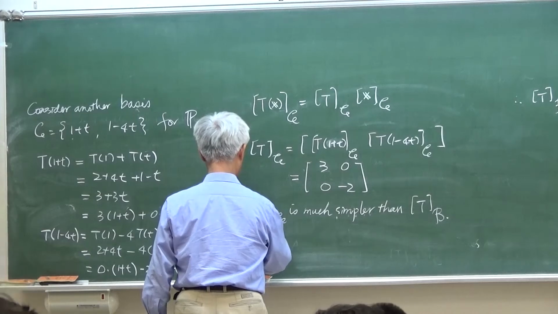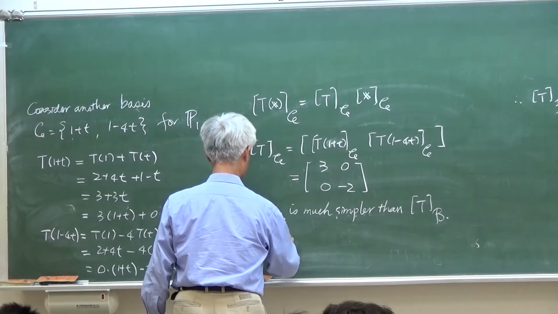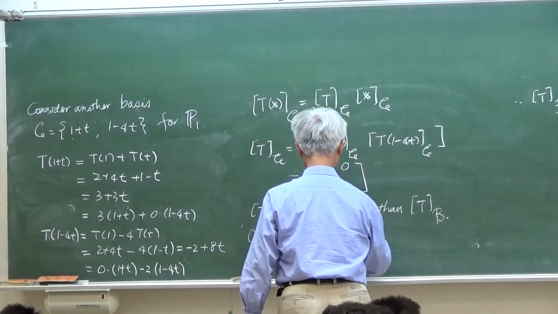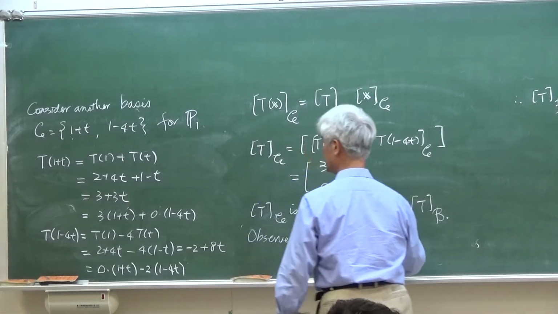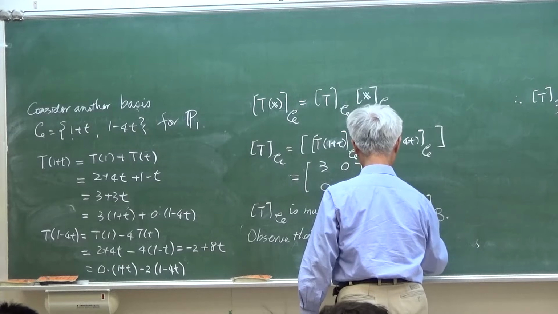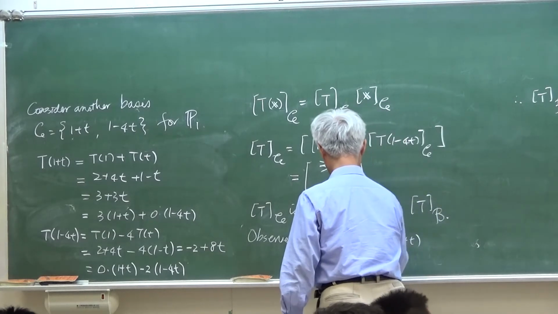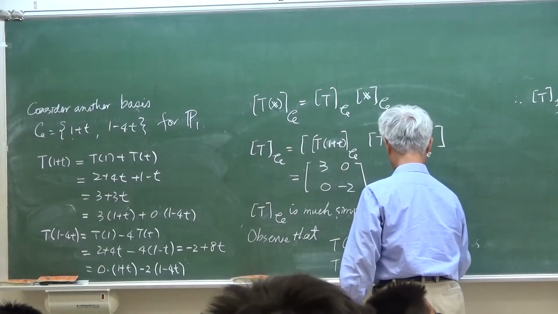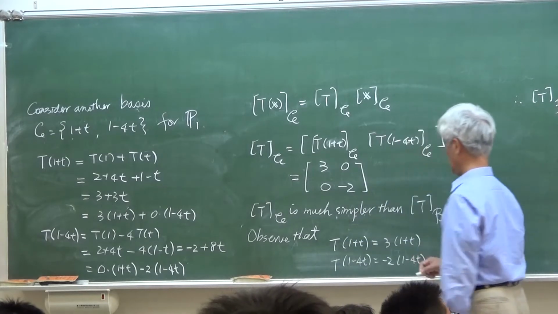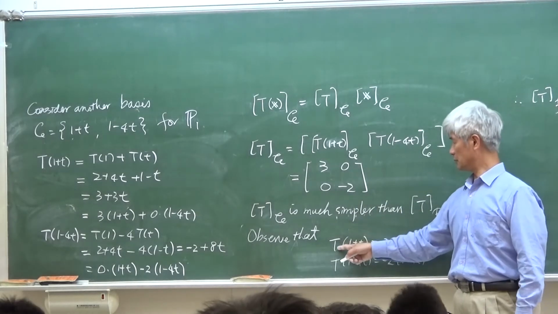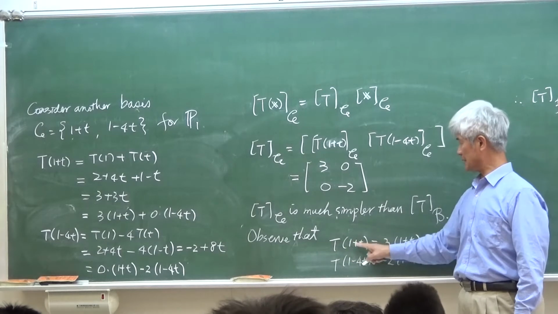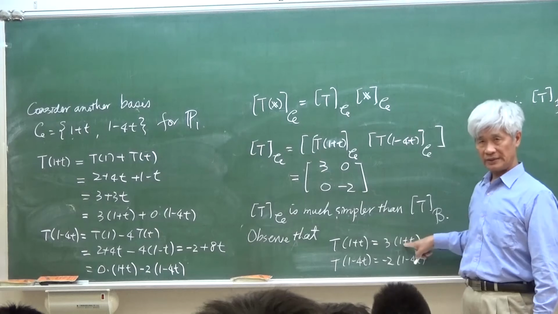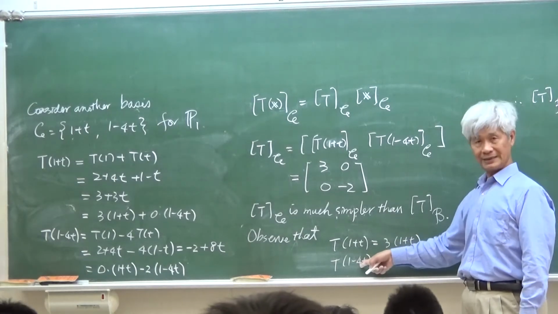Observe that T of 1 plus t is equal to 3 times (1 plus t). And T of 1 minus 4t is minus 2 times (1 minus 4t). So the linear operator on the basis vector becomes a multiple of the same basis vector, right? And this is the same.